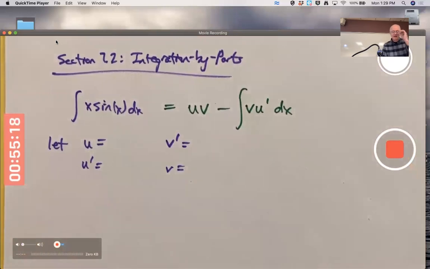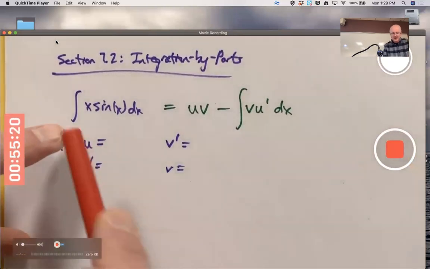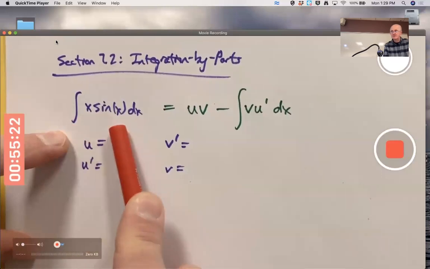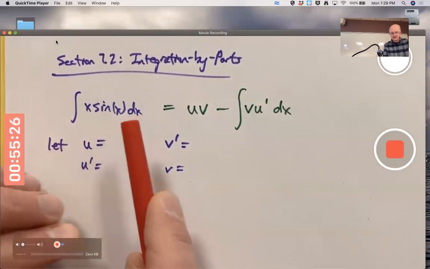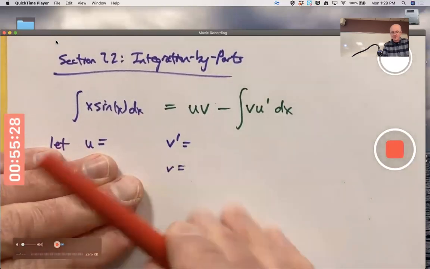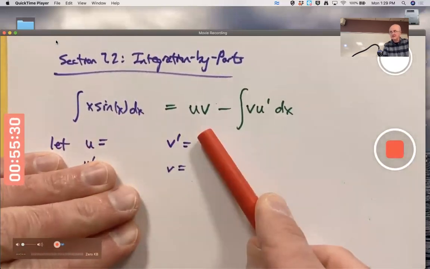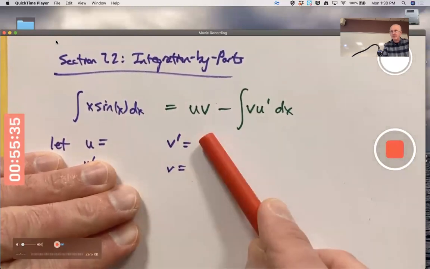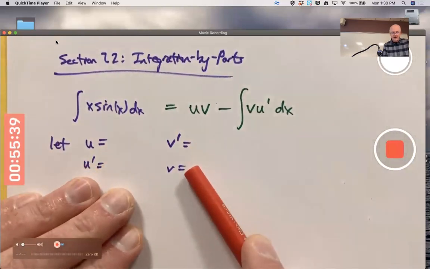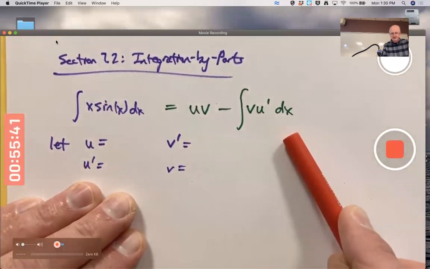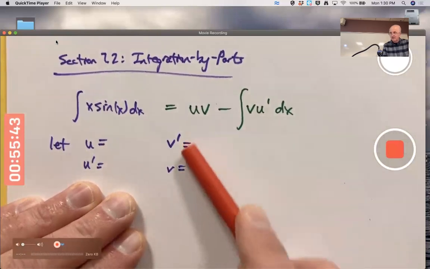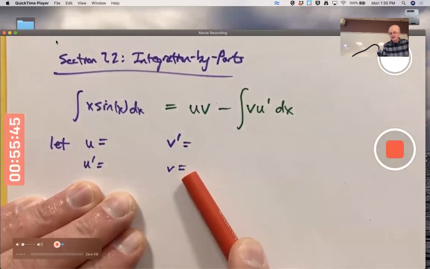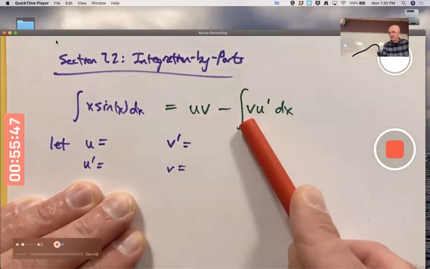Say it again. Listen carefully. I've got this integral that's a product of two functions. Integration by parts separates those functions into two pieces that are being multiplied, u and v prime. You are going to want to find, because of this formula, v. You are going to want to integrate v prime, in other words, because v appears in the formula.